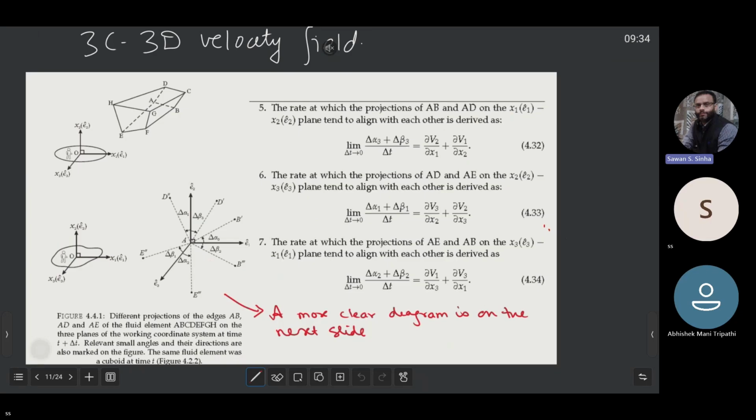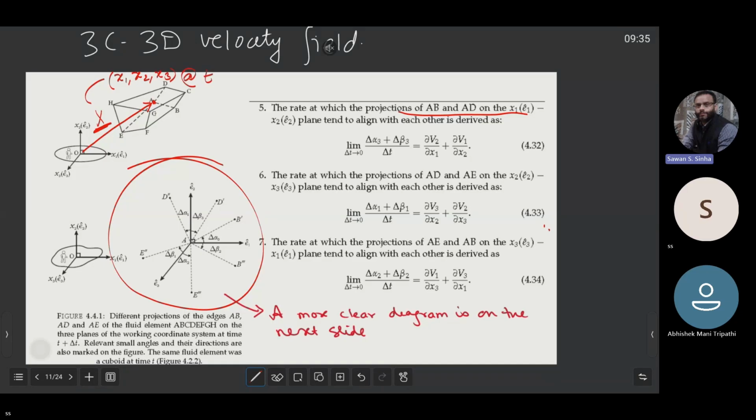Now let's come to the projections, this complicated figure that I showed in the last class. Rate at which the projections of AB and AD, this is A, and remember A is a very special vertex. A is a very special vertex because A has the position vector X, or in the Cartesian coordinate system, it is at x1, x2, x3 at time t.